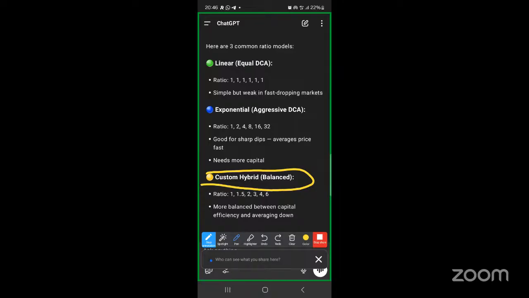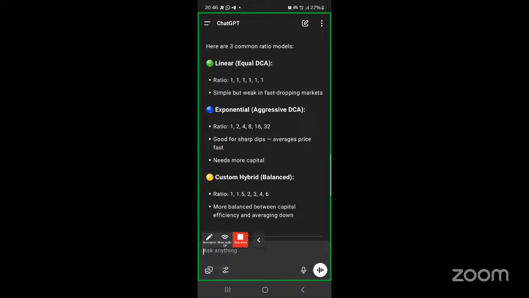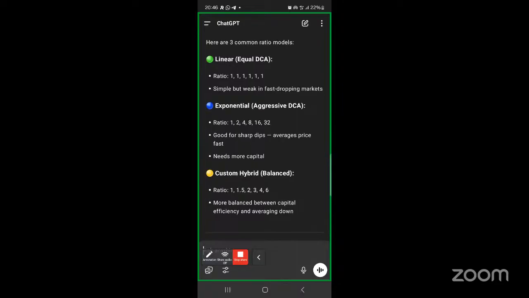We have steady, radical and conservative. Now a question, coach, a question for you. If I am in a radical market, if I'm using radical, what buying multiples should I use? Should I use the custom? You can take a screenshot of this.